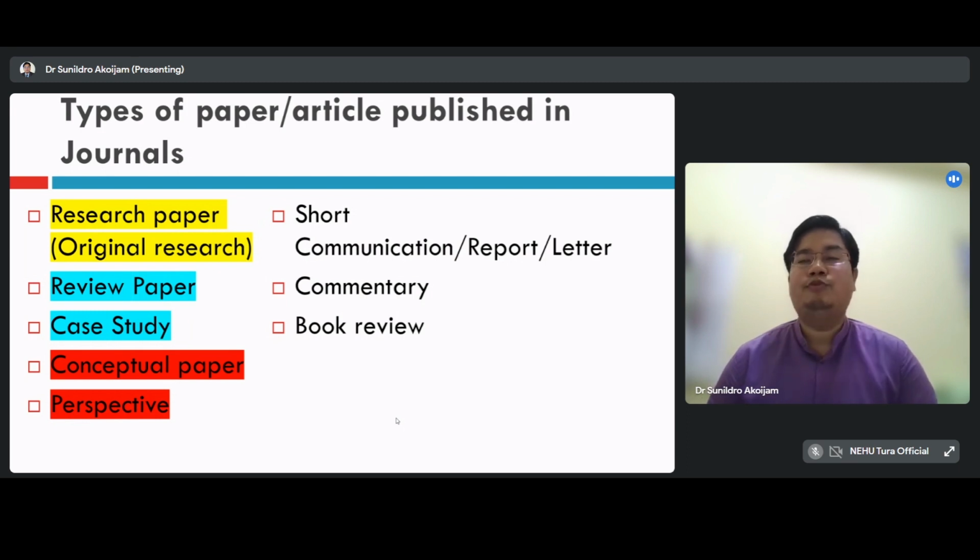And last but not least, book review. In this category of article, you are reviewing a book which is, let's say, widely accepted or quite popular in a particular domain. For example, let's say you are reviewing a book related to entrepreneurship, and while writing a book review, you are trying to see what will be the positive outcomes of reading that book.